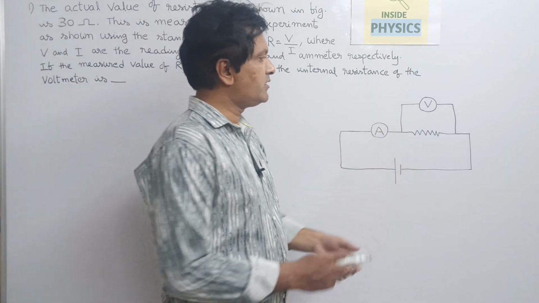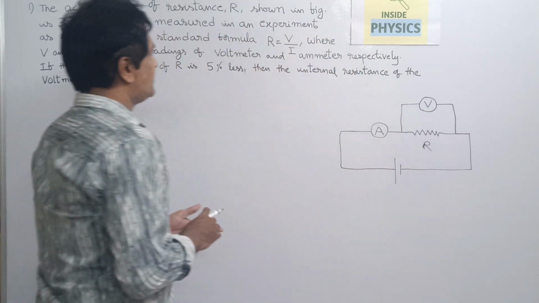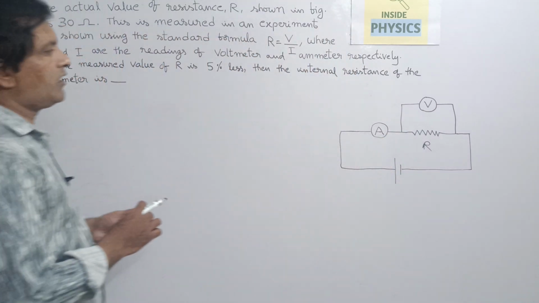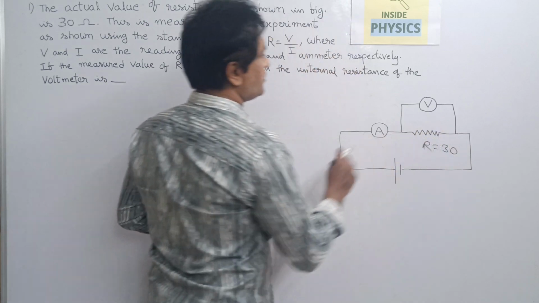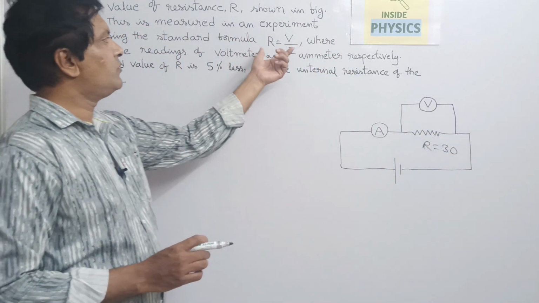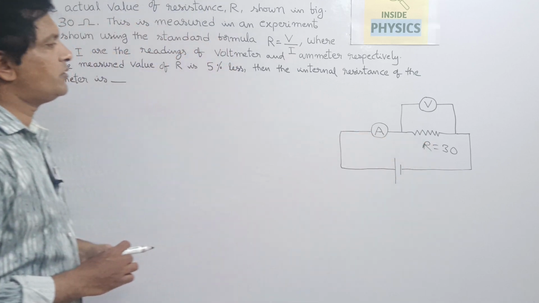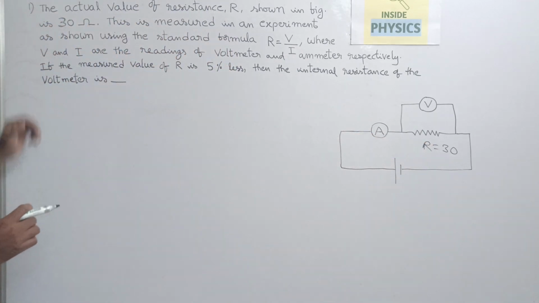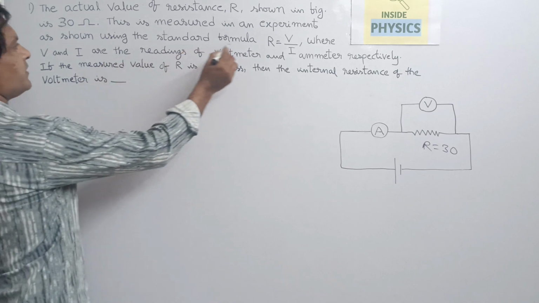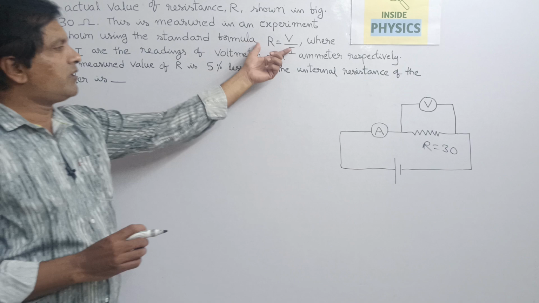There is a resistance R given in this circuit which is 30 ohms, already given. So when it is connected in a circuit and measured as per Ohm's law, this resistance comes out to be 5% less than 30 ohms. So what do we get for the resistance measured in the experiment with this formula?